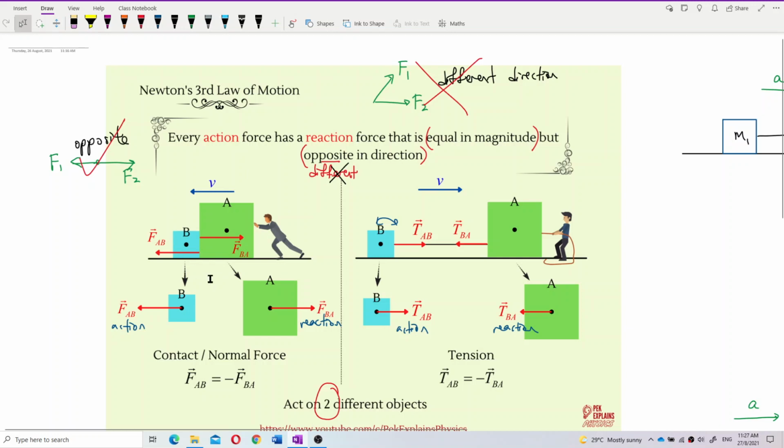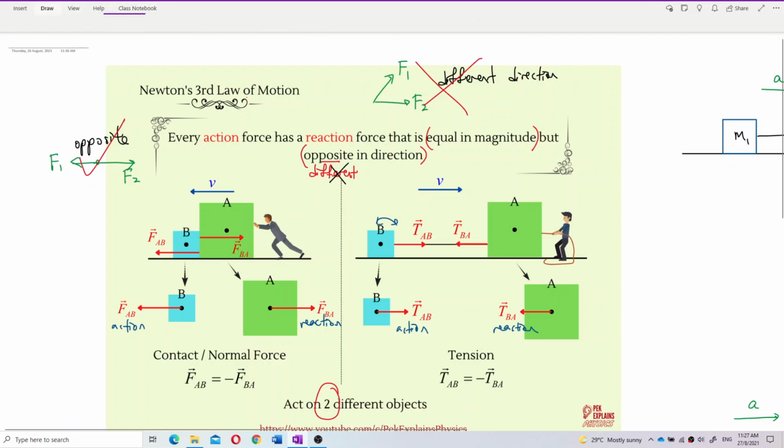Okay? Now, I just want to focus. Actually, the forces on these two objects are not just this action-reaction force. There are other forces like the weight of block B, the normal force on block B, and the external force from the human. Actually, it's much more complicated.